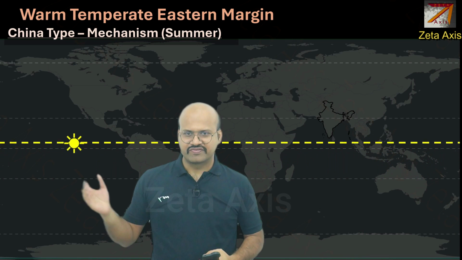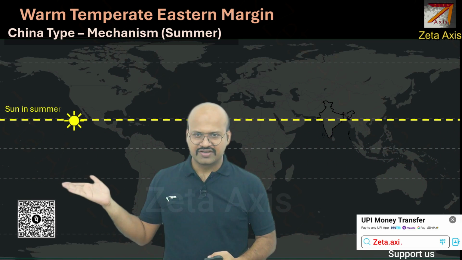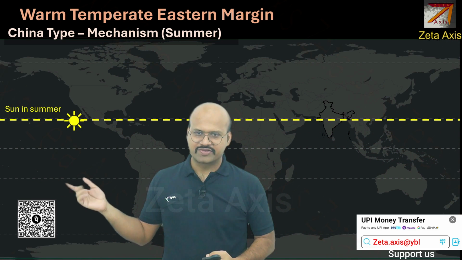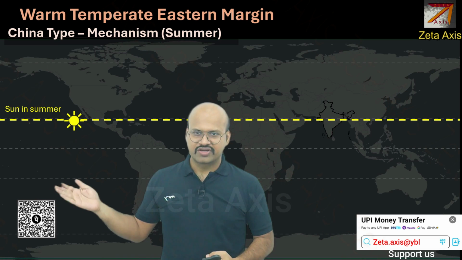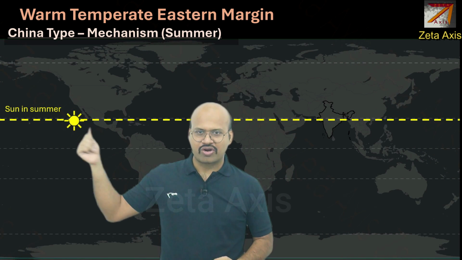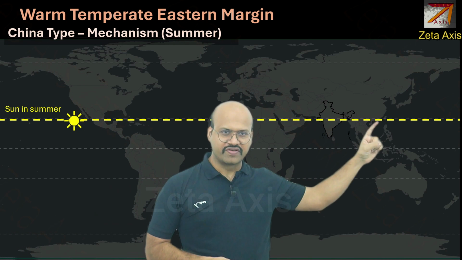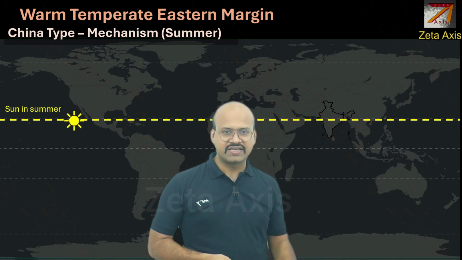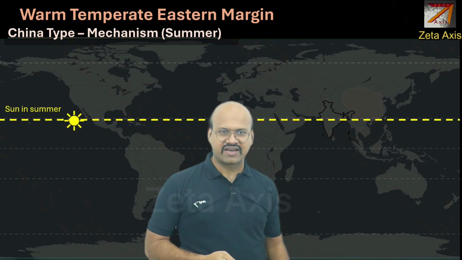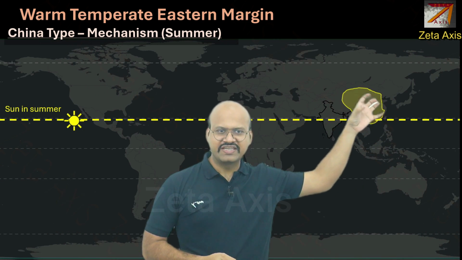What is the mechanism? We see that in summer, the sun, which was in the southern hemisphere over the Tropic of Capricorn, moves north over the Tropic of Cancer. Now if we focus on China, because the sun is over here, this region will be heated. It will receive sun directly, so we will have this heated region.